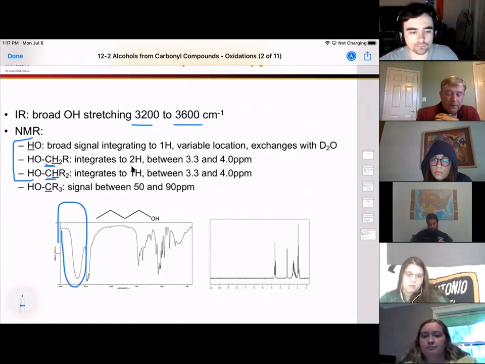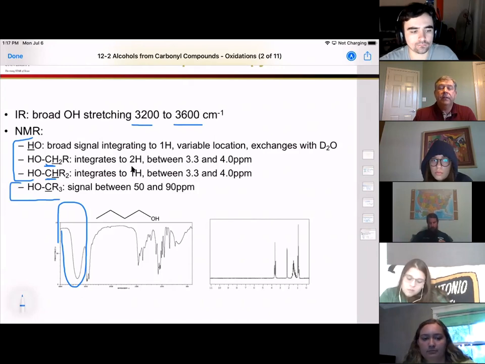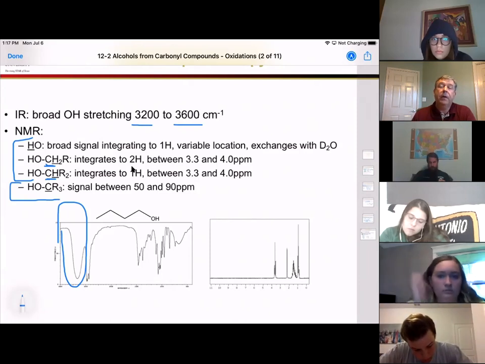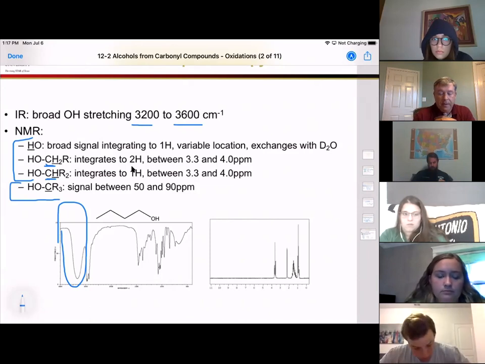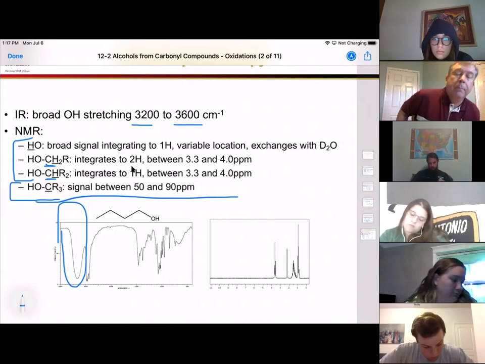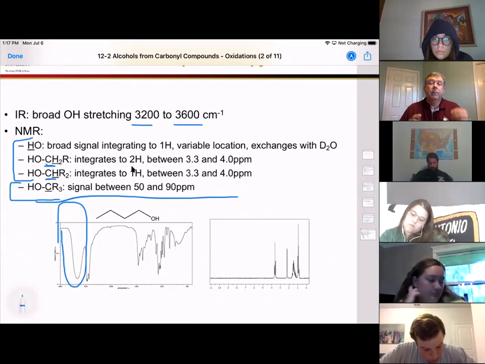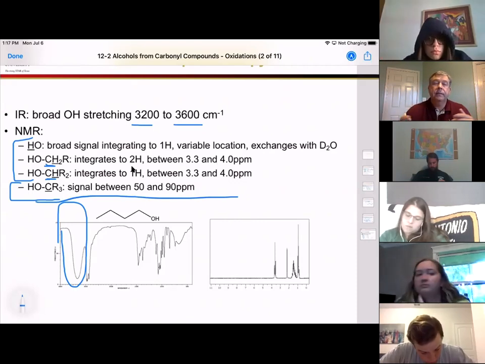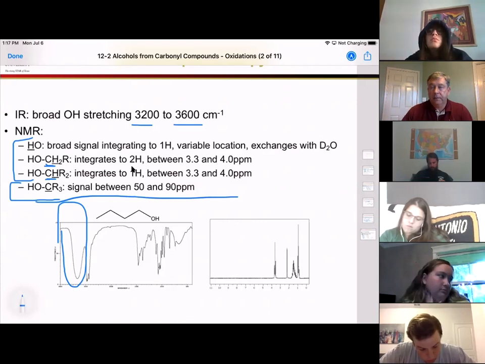If we look at our carbon NMR, which is this last one here, again, the presence of that electronegative oxygen shifts it up from where we'd see it at 20 to 25 ppm up to 50 to 90 ppm. So that's how we would signal the difference from going from our carbonyl compound to our alcohol, by looking at its proton and carbon NMR as well as its IR spectrum.